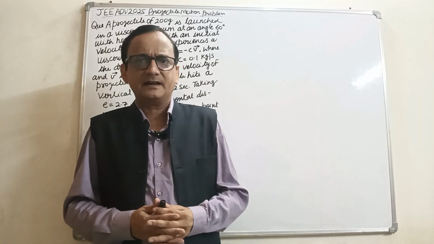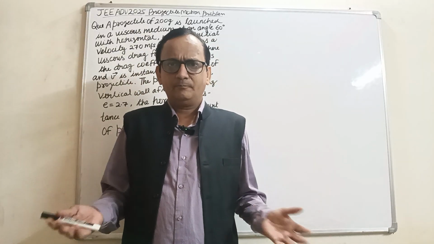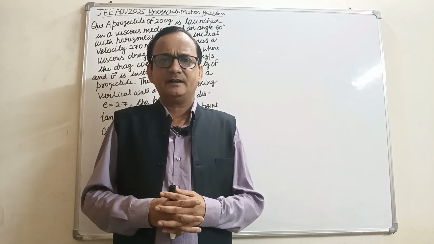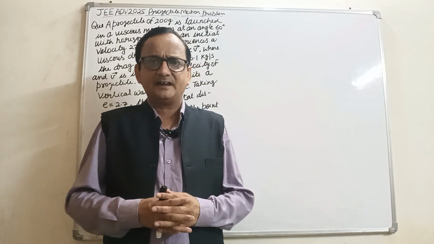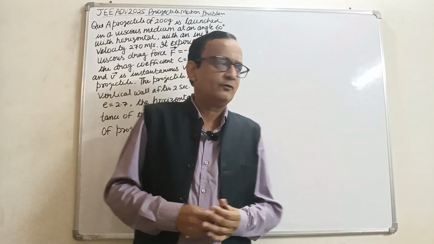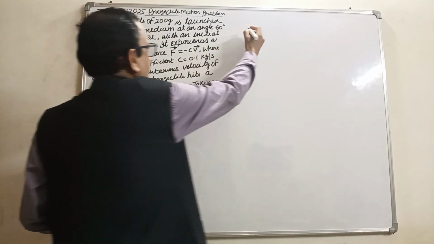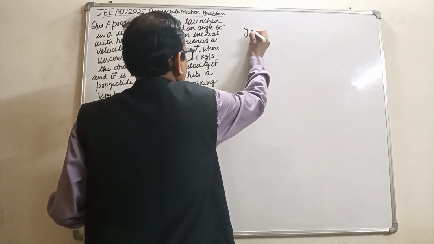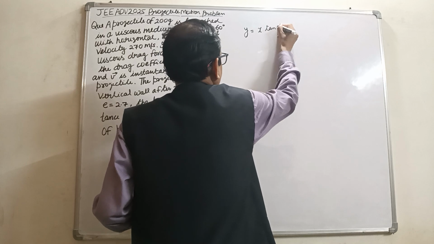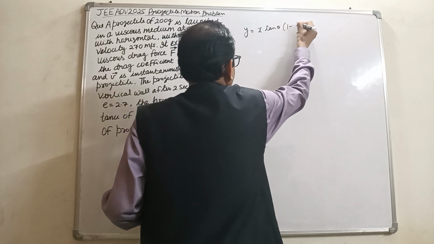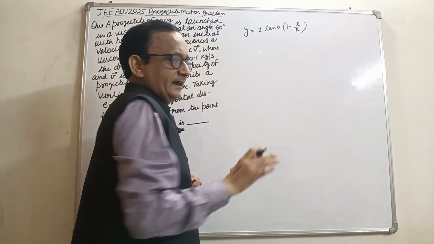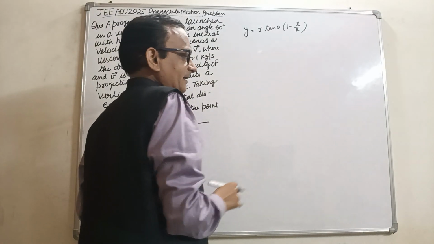So we can write the parabolic equation, the time of flight, maximum height and range. The trajectory equation will be y equals x tan theta times 1 minus x upon R, where x and y are the coordinates on the parabolic path.